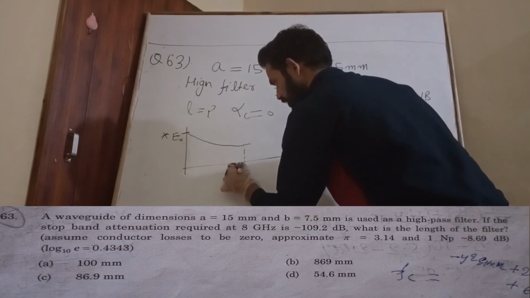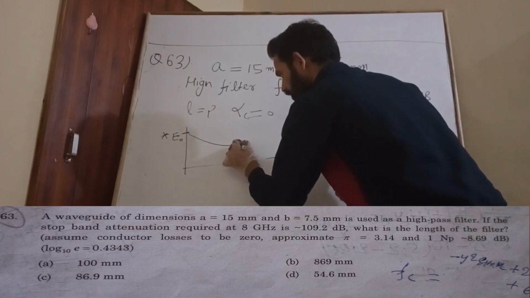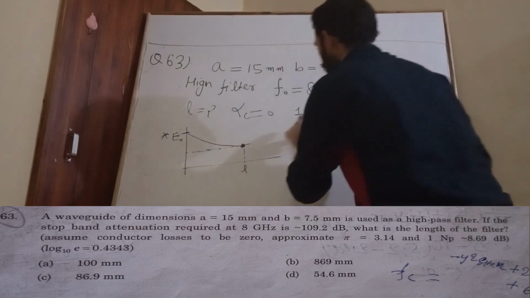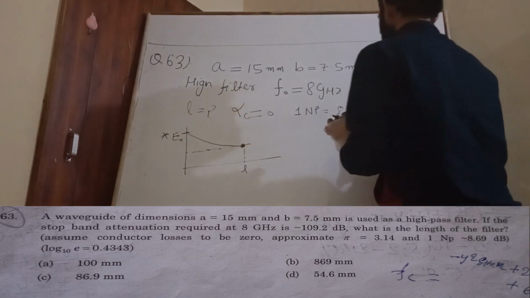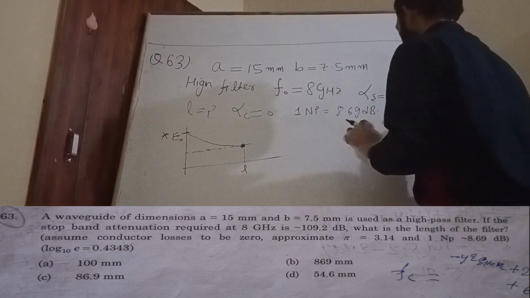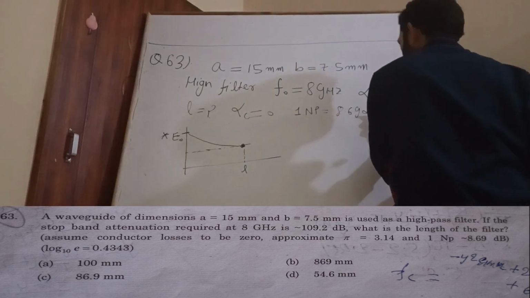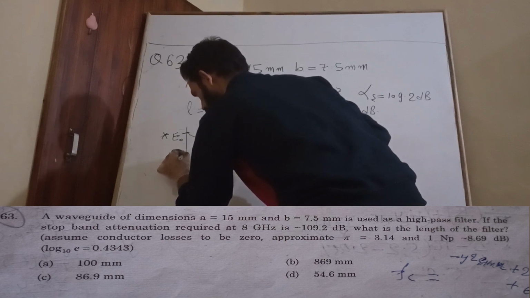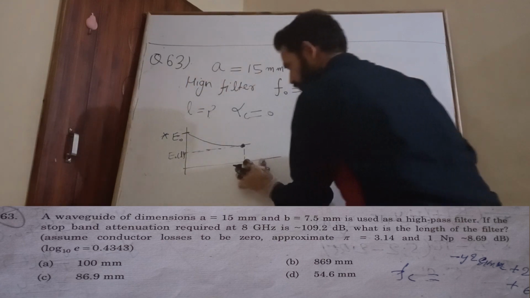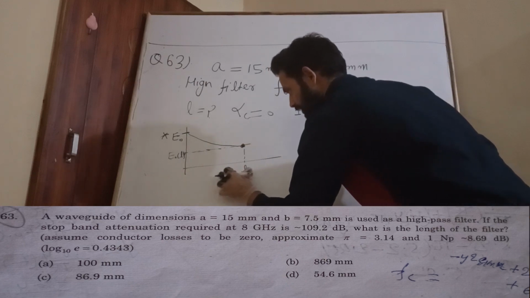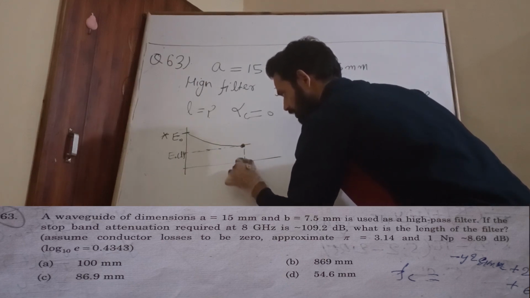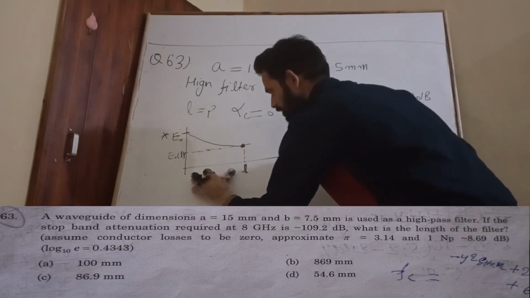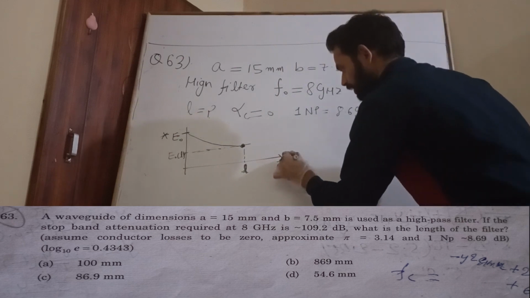At some particular distance, let us say L, its value will be reduced by a factor of alpha S, this attenuation factor. So the value at length L is E naught L. That we have to find. This is the length of the filter.